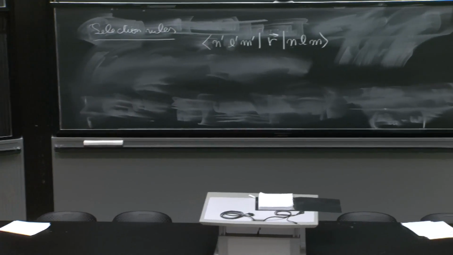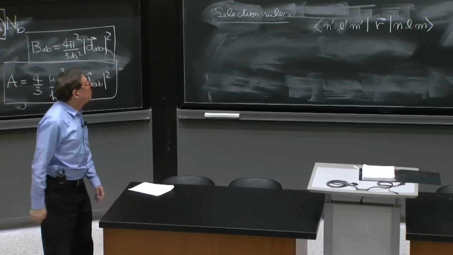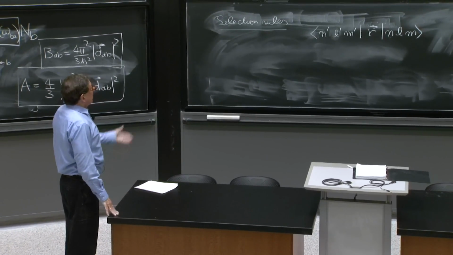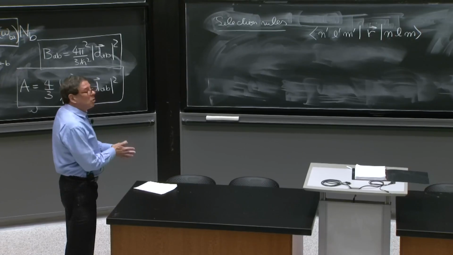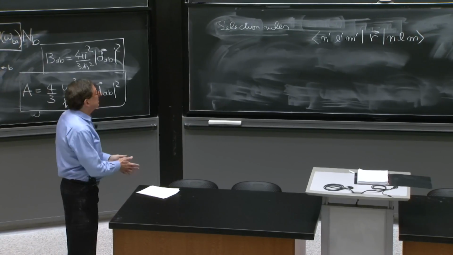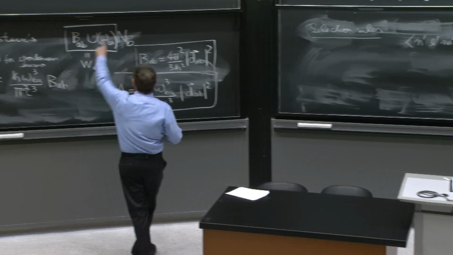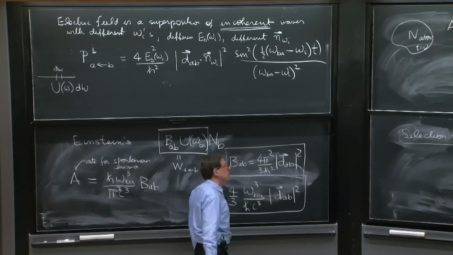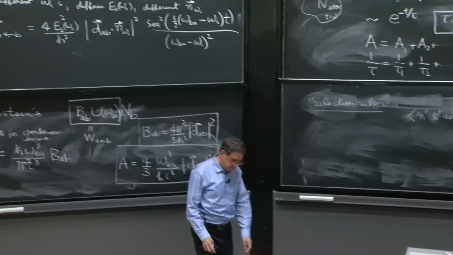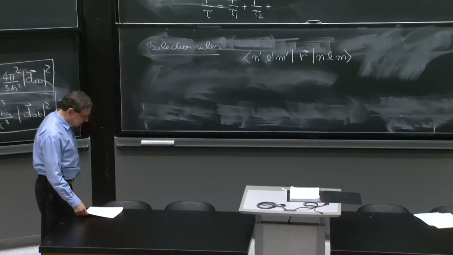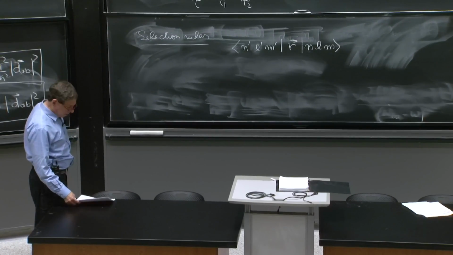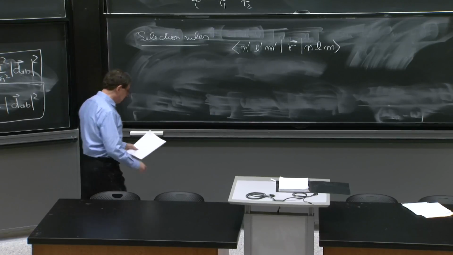You could calculate anything. So the question is, when do these elements exist and when are they non-zero? You need them to be non-zero to get a non-zero transition rate. So when do they not vanish?